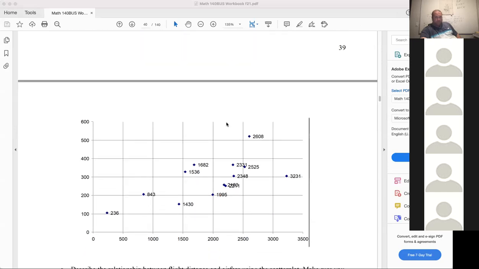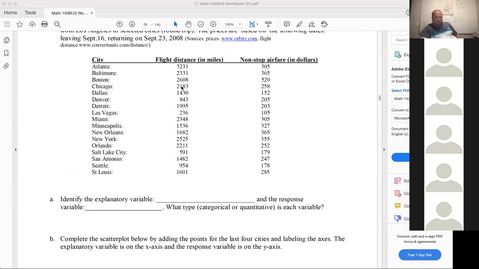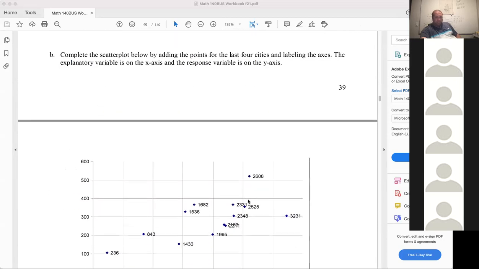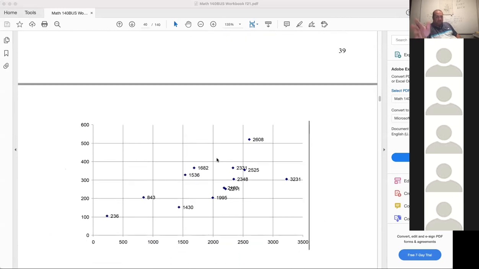Notice that the x-axis is 0 to 3,500, and the miles obviously fall between 0 and 3,500. Airfare numbers are smaller.